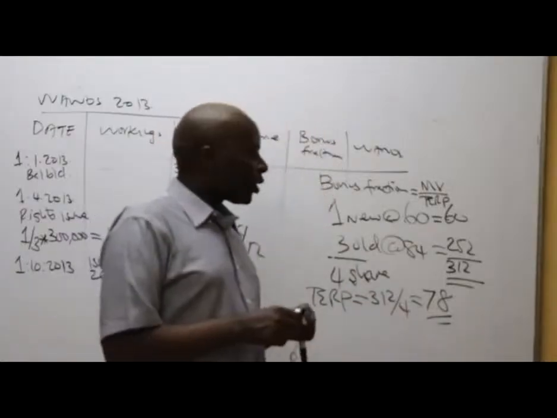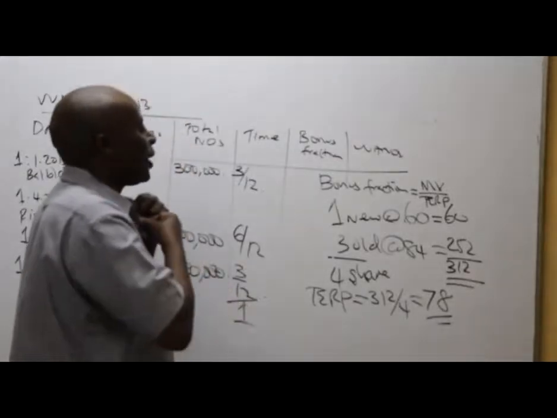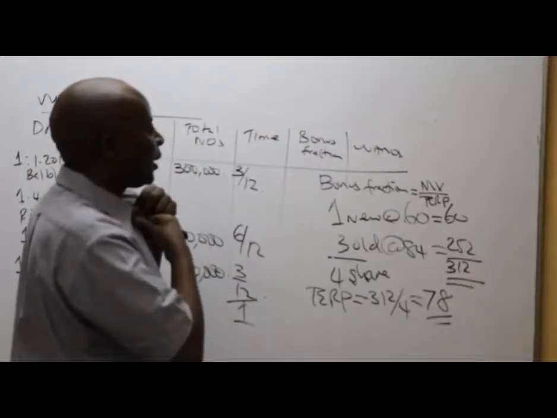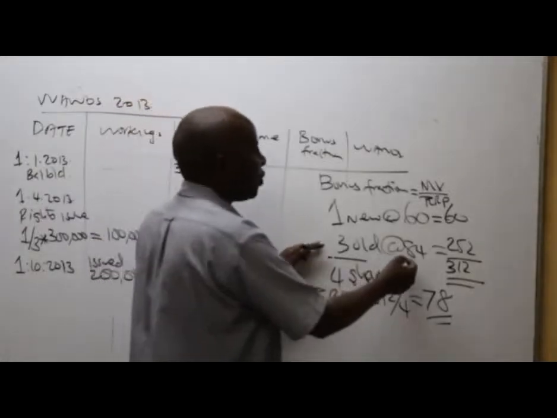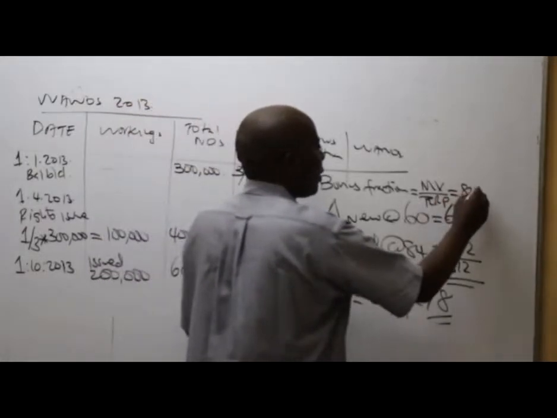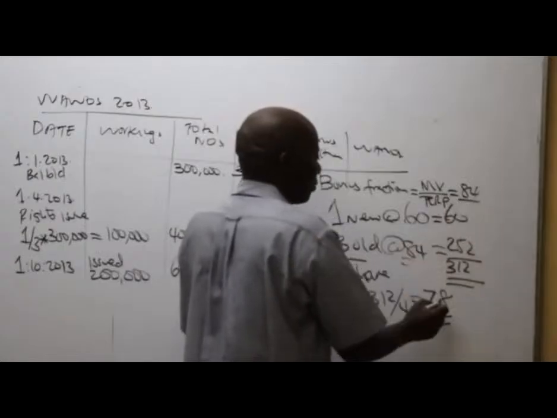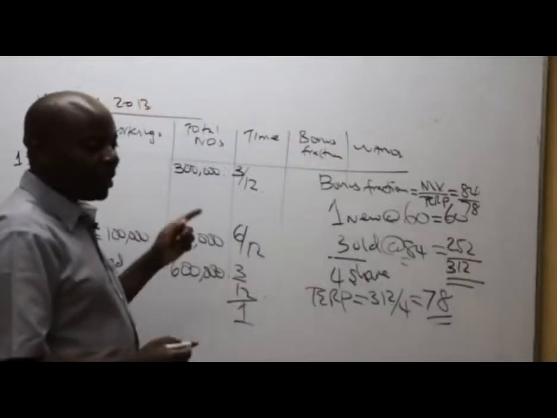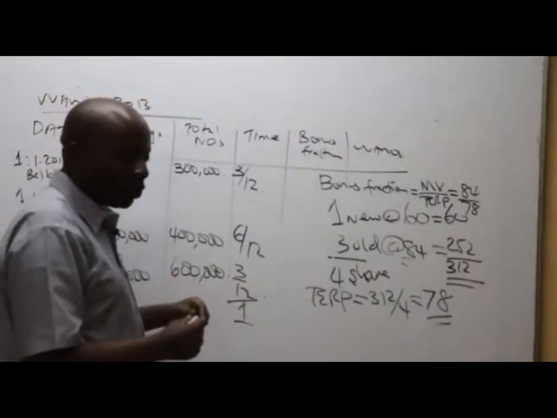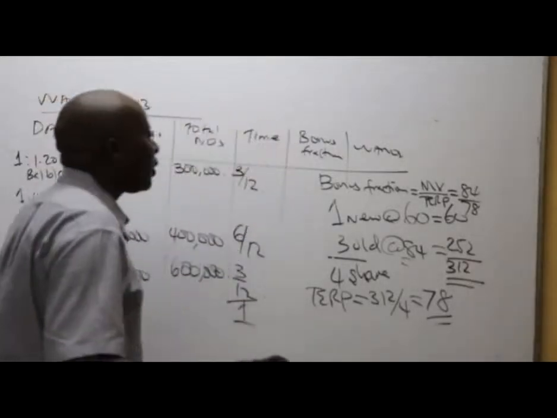Thank you so much. So they have come here and told me, teacher, we have got the bonus fraction as the market value of these old shares, which was 84, all over the theoretical ex-rights price, which is 78. But again, there is a mistake I normally see many of my students making.